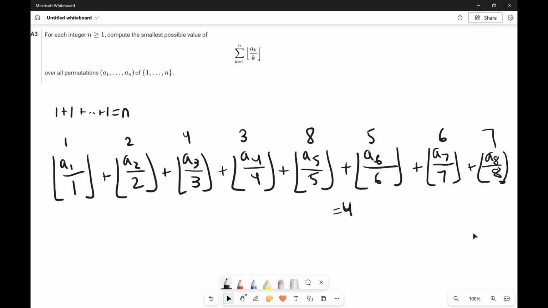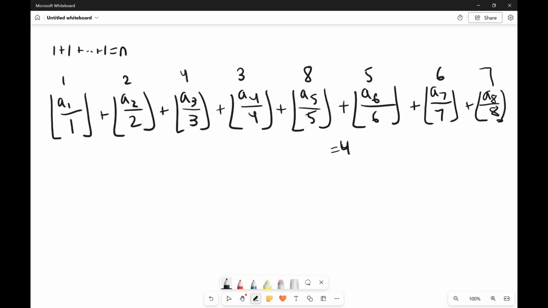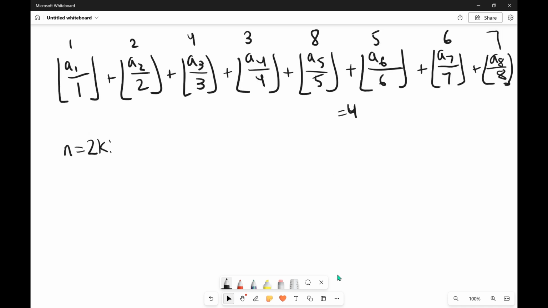So let's see if we can generalize for the n case. There are definitely some cases that we have to consider of whether n is even or odd. If n is even, suppose n is equal to 2k, then we can just repeat this thought process, where we have 2k over k plus 1, and then k plus 1 over k plus 2, and then so on all the way to 2k minus 1 over 2k.